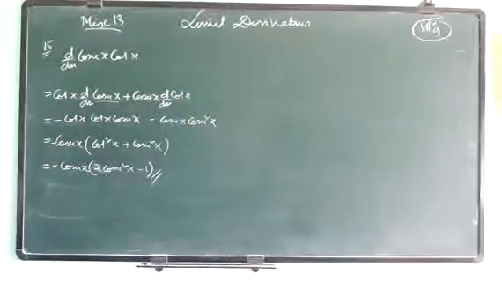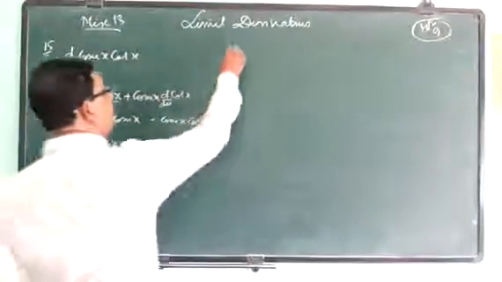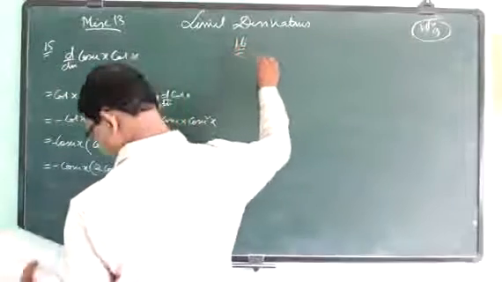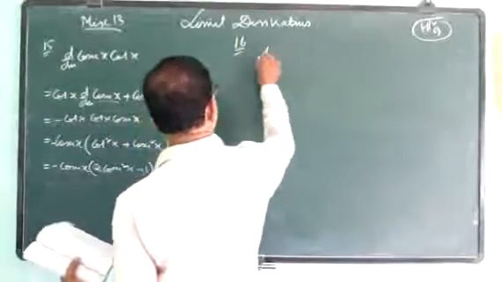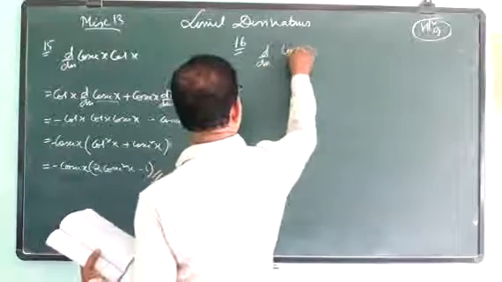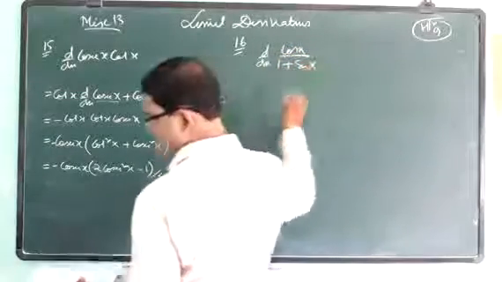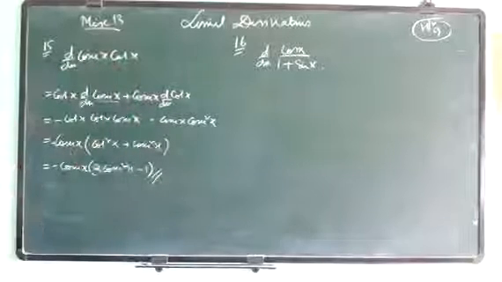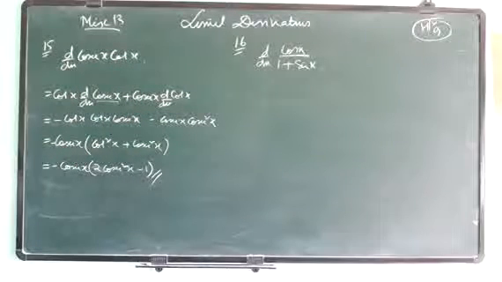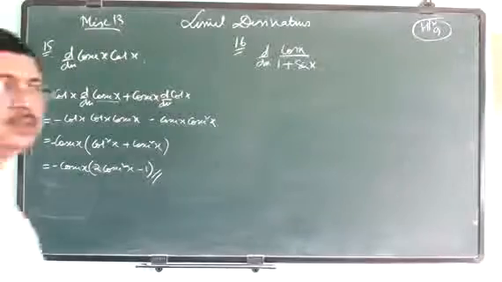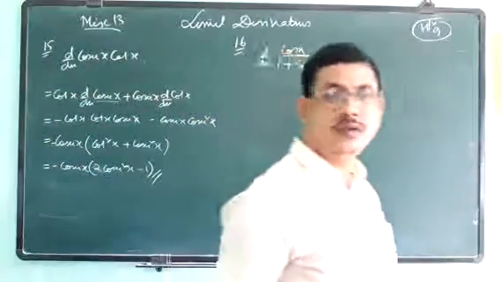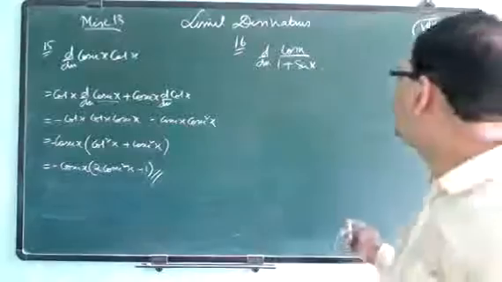Now the last sum for today, question number 16: d/dx of cos x by (1 plus sin x). It is a u by v form. Maximum we are using this technique, u into v or u divided by v, u plus v, u minus v.